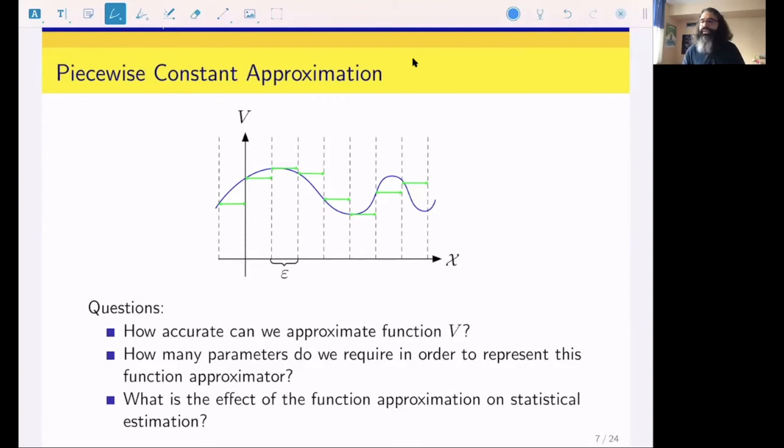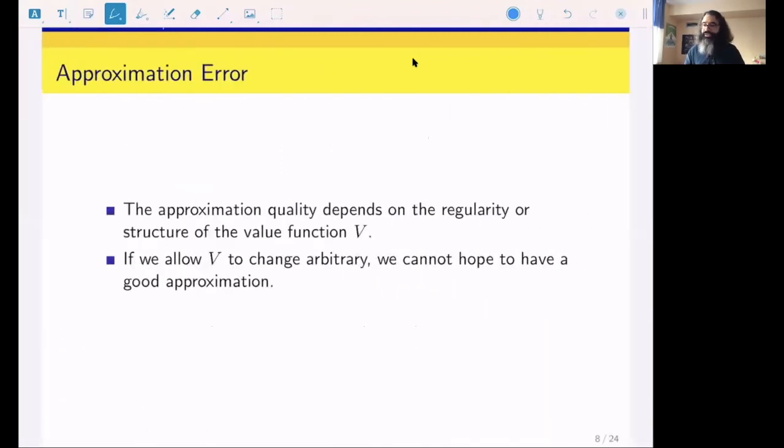Let's talk about this a little bit more, using examples of these piecewise constant functions, but this is a more general concept. So one is that the approximation quality depends on the regularity or structure of the value function. For example, if we allow v to change arbitrarily, then we cannot hope to have a good approximation.